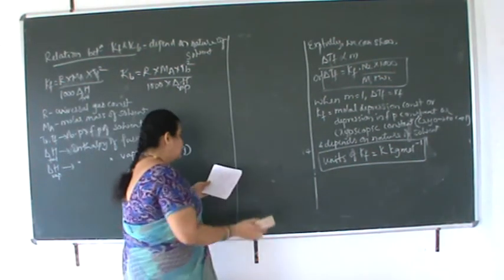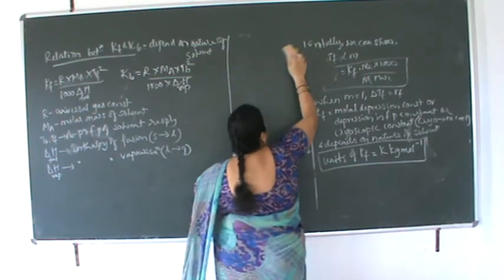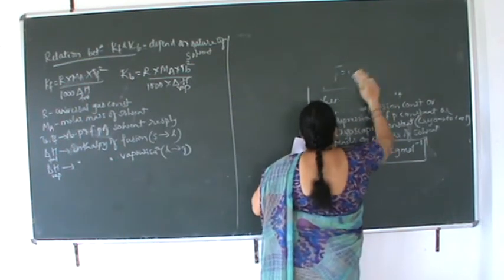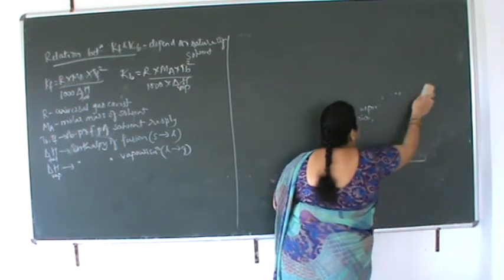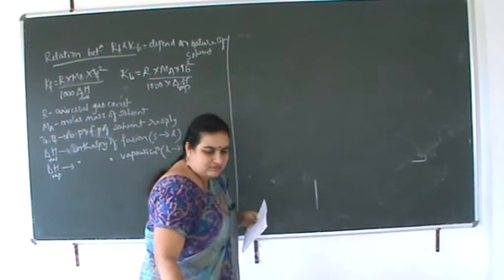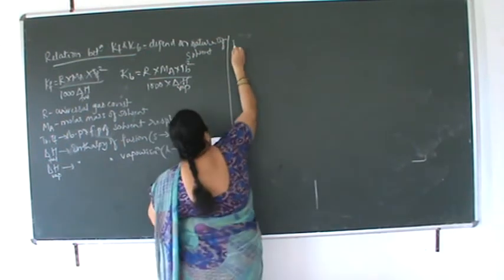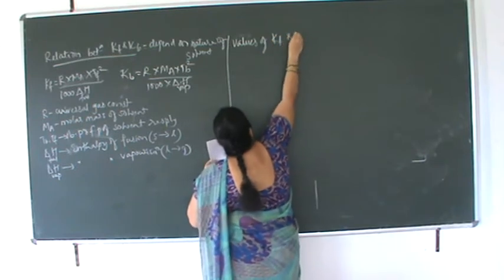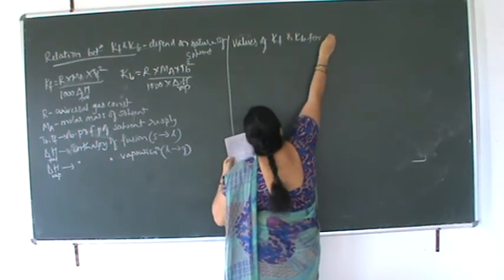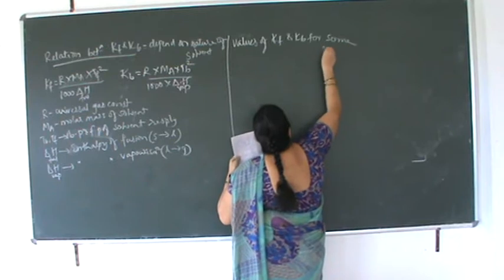Now I will give you the values of Kf and Kb for some of the solvents. Note it down. Values of Kf and Kb for some solvents.